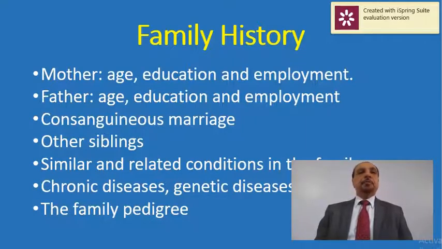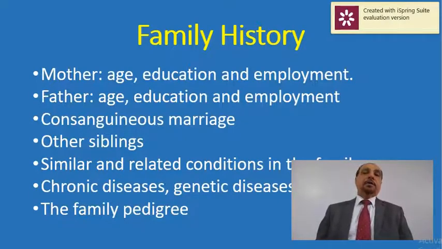You will speak about consanguineous marriage, because many of the diseases are, for example, autosomal recessive diseases, and we have a lot in our country because we are in a close community. Consanguineous marriage is important, whether they are consanguineous or not, for genetic diseases.